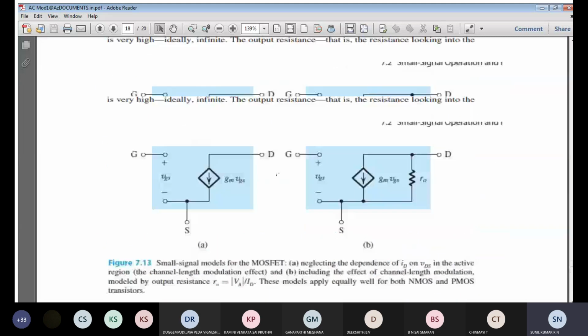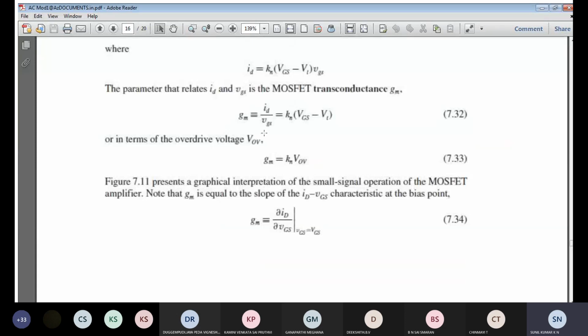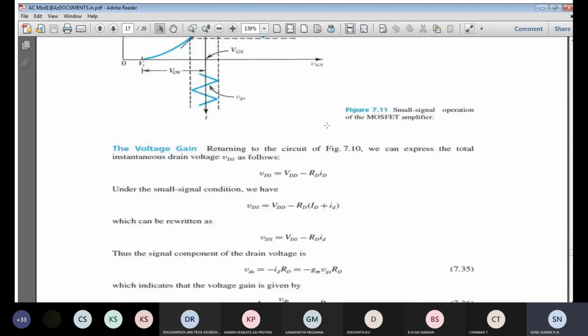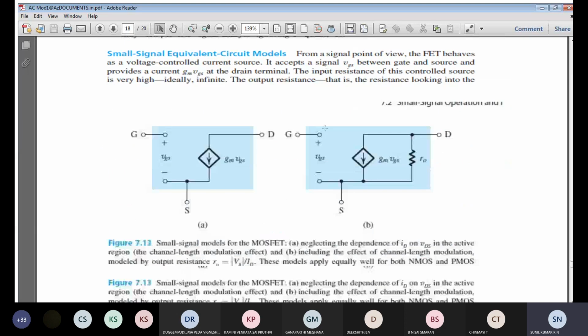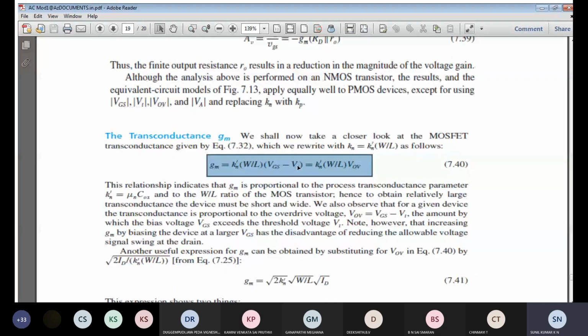If you look at equation 7.32, that is the equation for the transconductance, right? So GM is equal to Kn into VGS minus VT, which means Kn dash into W by L into VGS minus VT. That is the same expression rewritten here, but in place of VGS minus VT we write the overdrive voltage. So this is another expression for the transconductance.